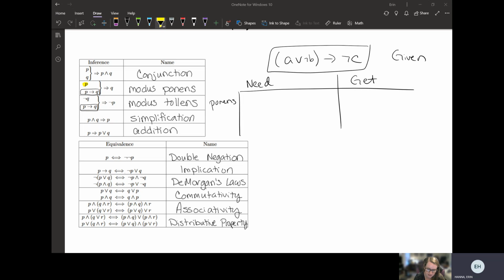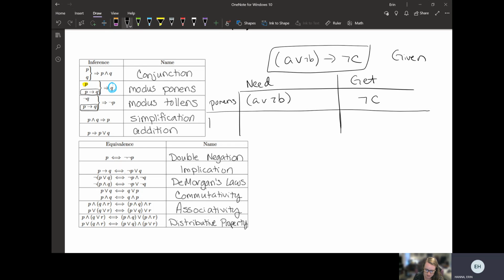Well, in our case, that's going to be that A or not B piece. So I would need A or not B to be able to use modus ponens. Well, what would I get from modus ponens? So modus ponens gives me Q. So it essentially gives me the conclusion of the implication. So for modus ponens, we would be able to conclude not C.